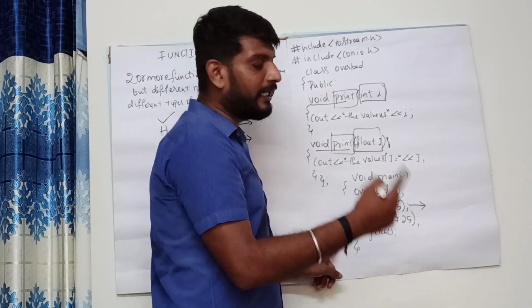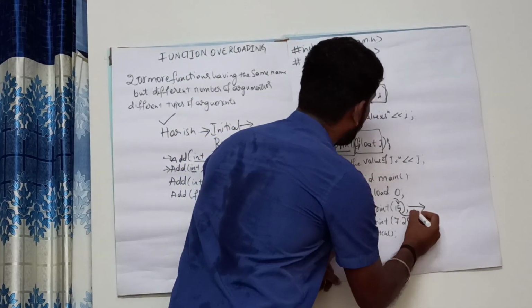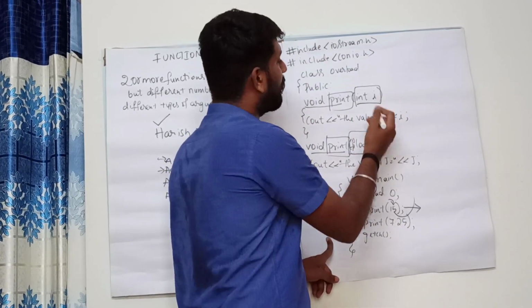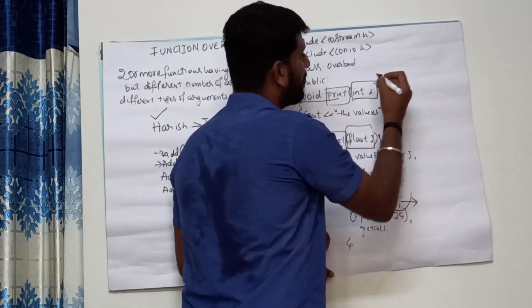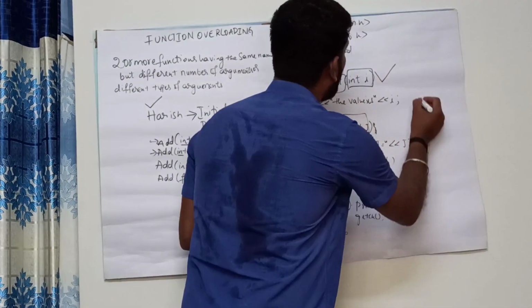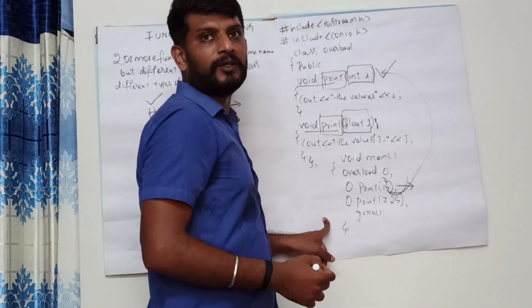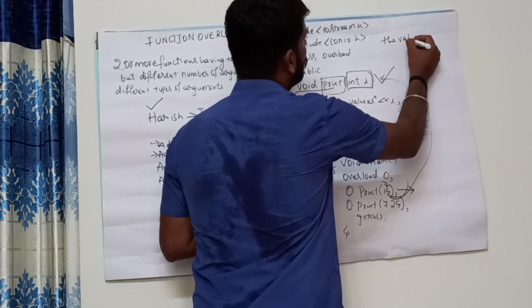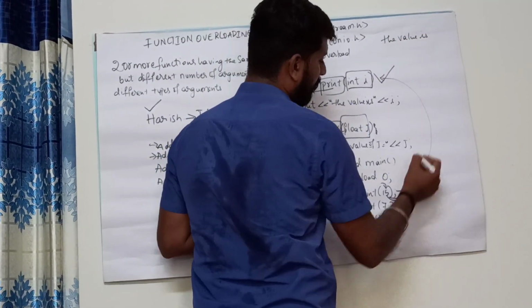So it will check for the function which is having integer argument. This is the function which is having the integer argument. So it will go and execute this particular code, and we will get the value is 15.